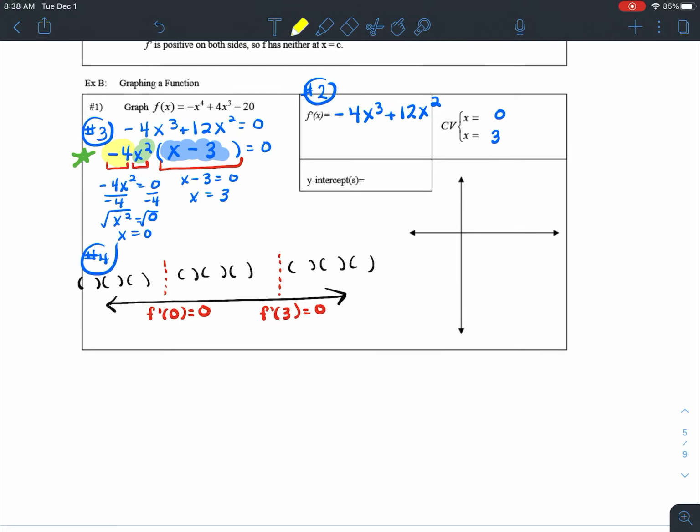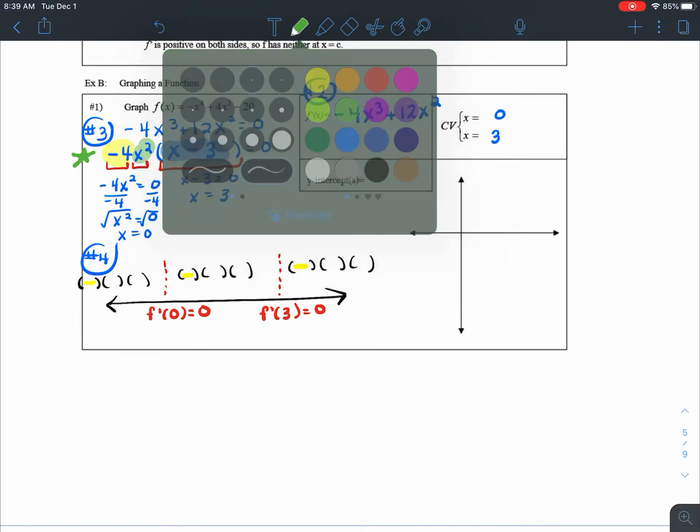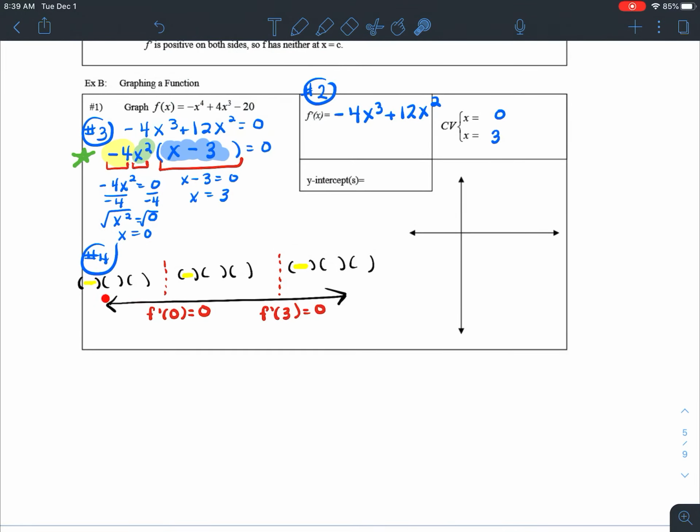Well, if I separate the -4, that doesn't have an x with it anymore. That's going to always be a negative. So I'm just going to lock that in. My first set of parentheses, I'm making that a negative. Okay, now I want you to take a close look, though, at the x squared. I know normally we do pick numbers, test values in each of the intervals, but I want you to think about this.